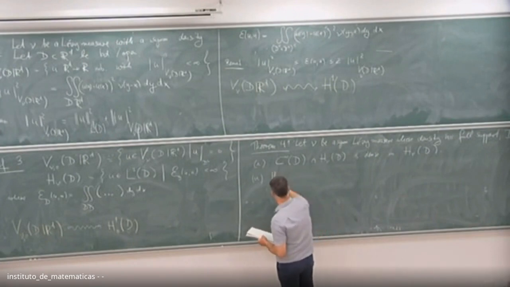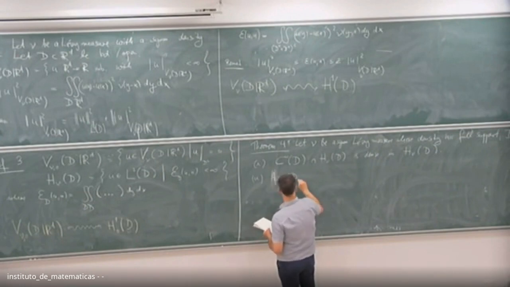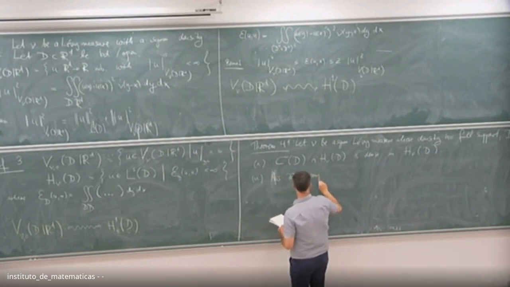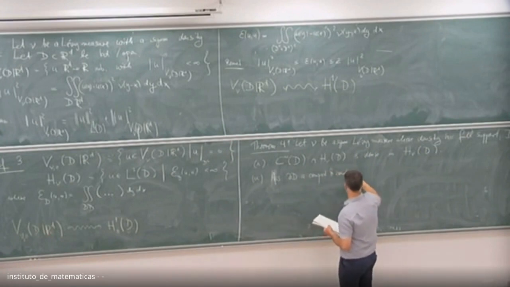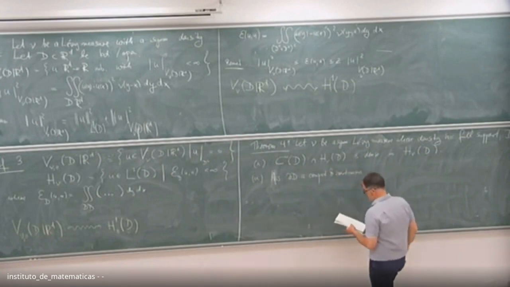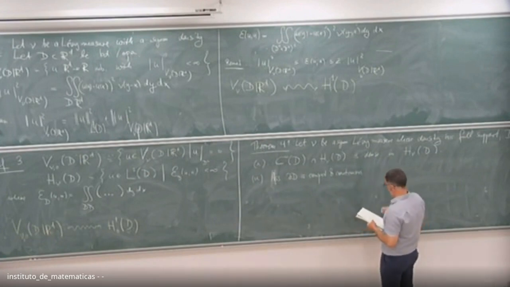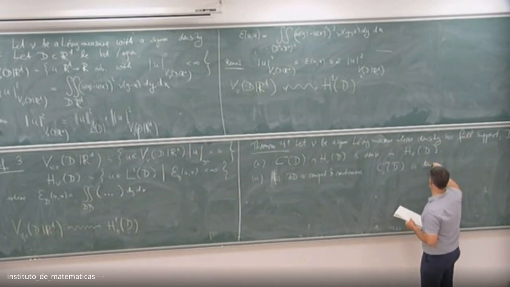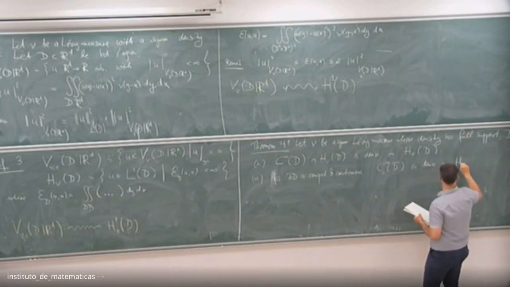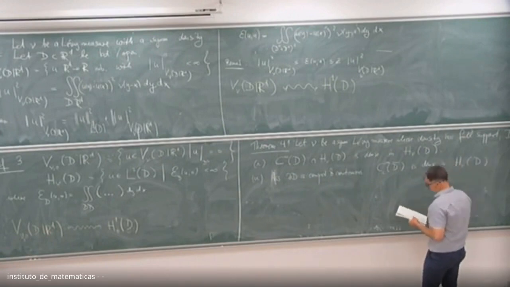Now, let's make the assumption that the boundary of D is compact and continuous. Then you can show that if you go up to the boundary, this is dense in H nu.